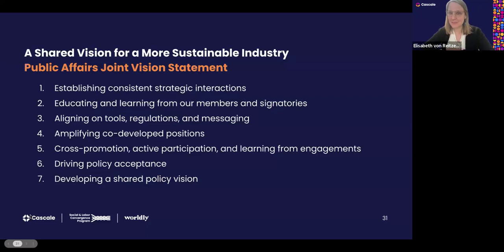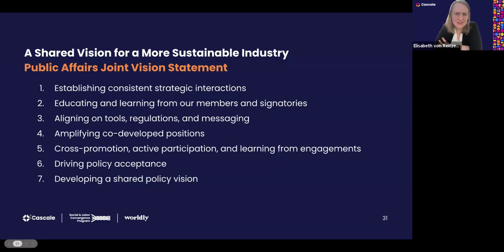Aligning on tools, regulations, and messaging. So aligning amongst ourselves, amplifying co-developed positions, cross-promotion, active participation, and learning from engagements, driving policy acceptance, and developing a shared policy vision.